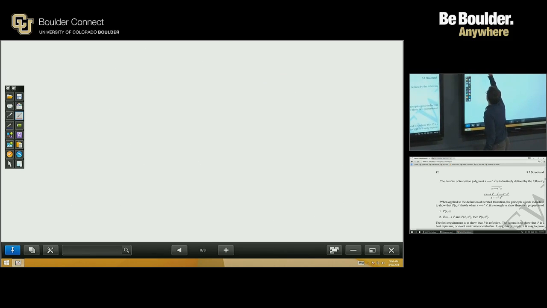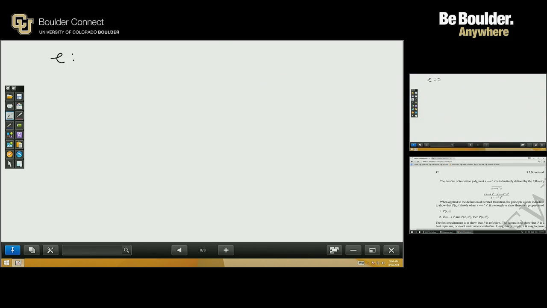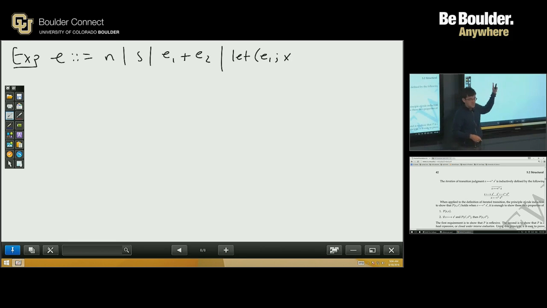So let's write down our programming language again. These are exps. Okay, so the states, for this programming language, are going to be these expressions.